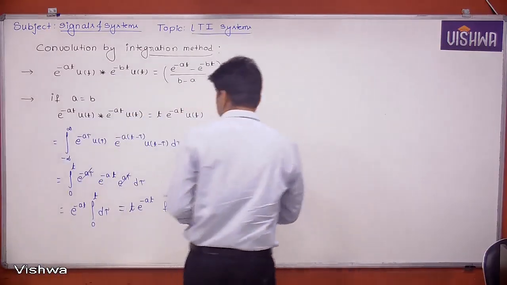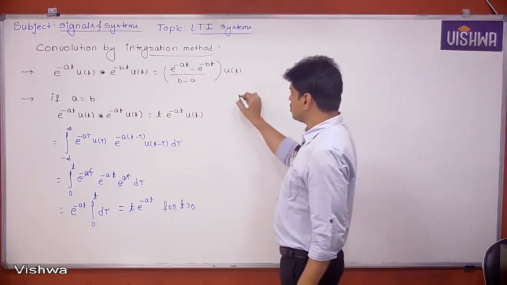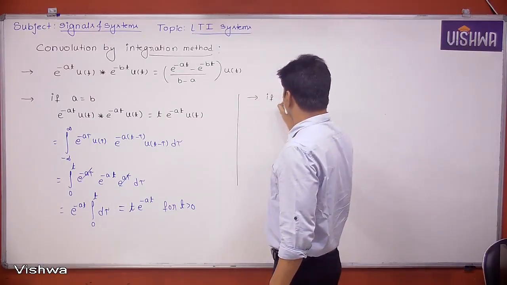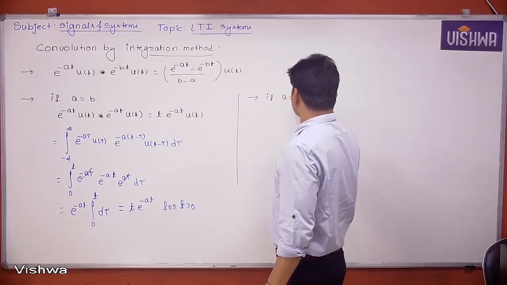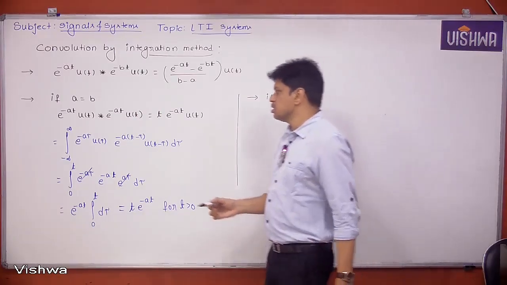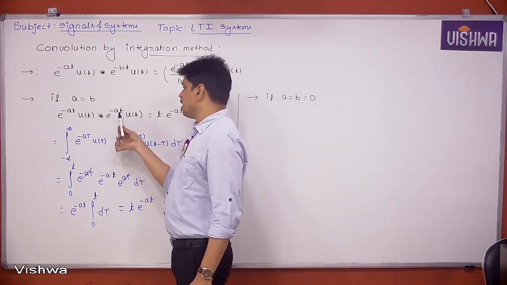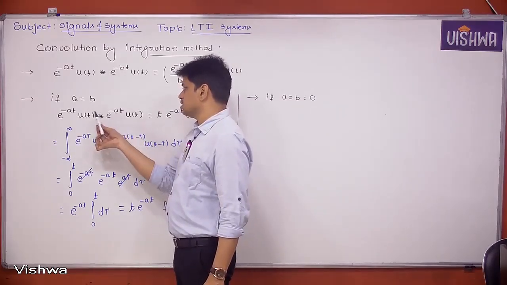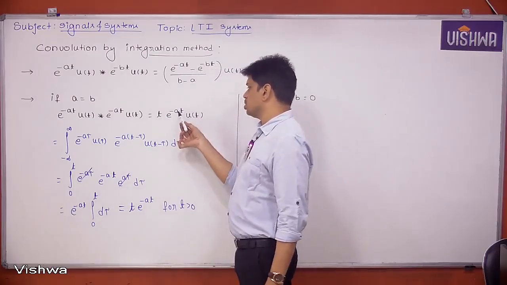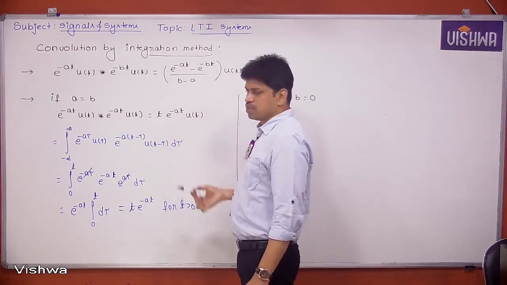Next, what if a is equal to b is equal to 0? If a value is 0 and b value is 0, that means u of t convolution with u of t, and here also the exponent is 0, which gives 1, t u of t, which is nothing but r of t.